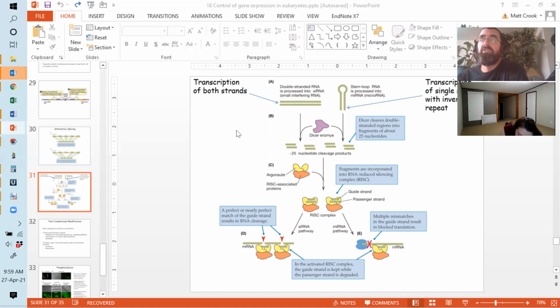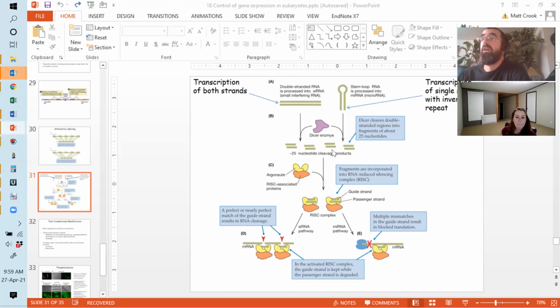The size actually differs for different non-coding RNAs, but it's not super important. Basically it's between 20 and 25 or thereabouts nucleotides. So this larger piece, which can be a few hundred base pairs, gets cut into smaller chunks. That's the first step. So it goes from this to these small little chunks of double-stranded RNA.